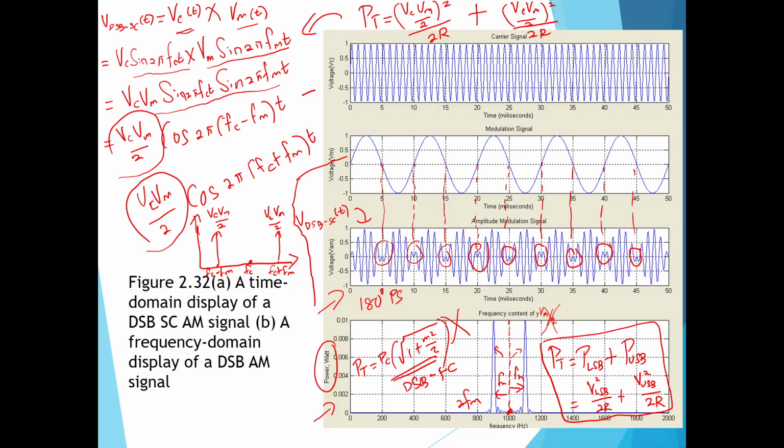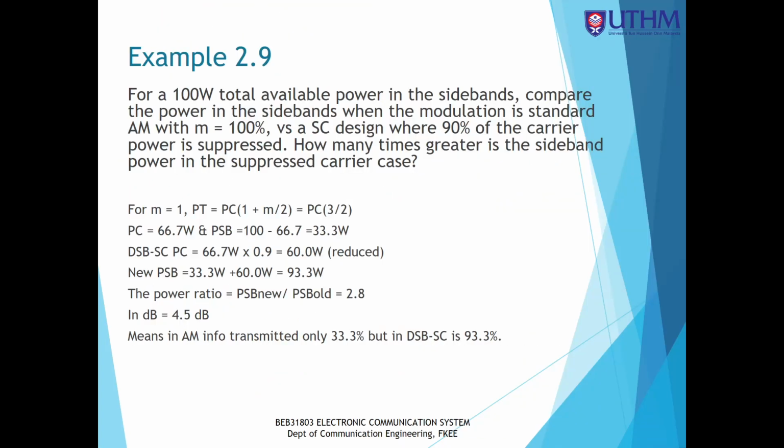In example 2.9, this shows what happens when we suppress the carrier. But here the carrier is not suppressed completely, only 90%. So let's go through example 2.9. For 100 watts of total available power in the sidebands, the word total means this is P total.